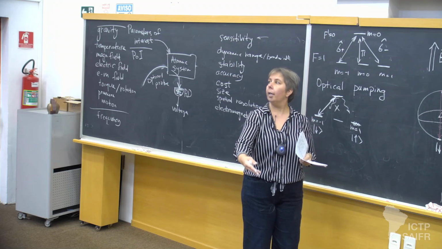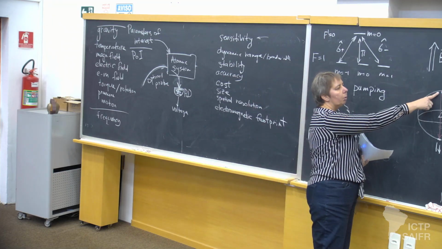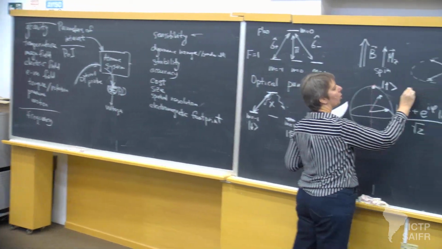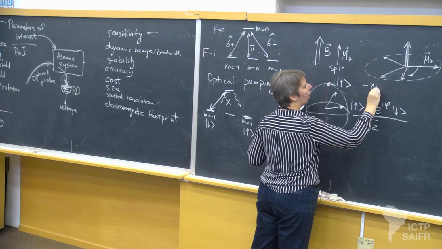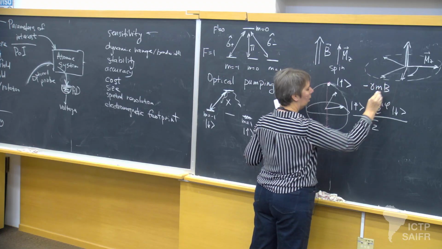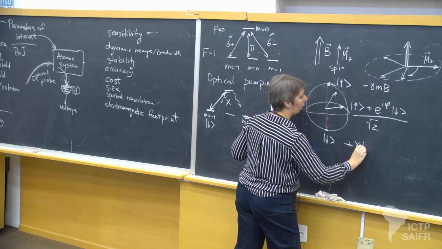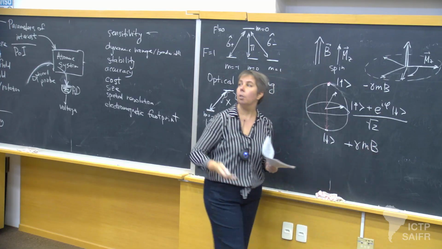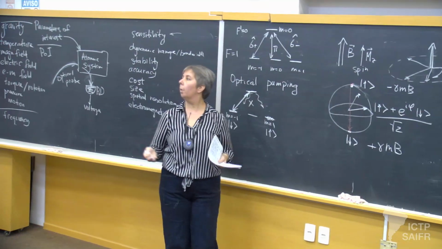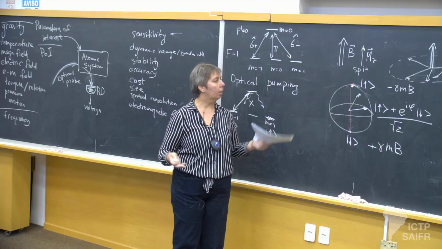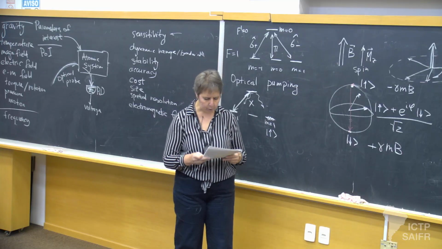So if you provide enough energy to the system, you can flip it from the low energy state, which is minus gamma mB, to the state plus gamma mB, right? If you do that, you will be able to flip the spin, and that's going to change optical properties.